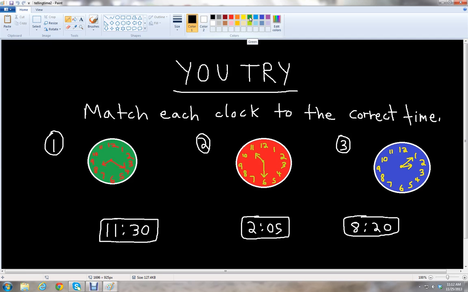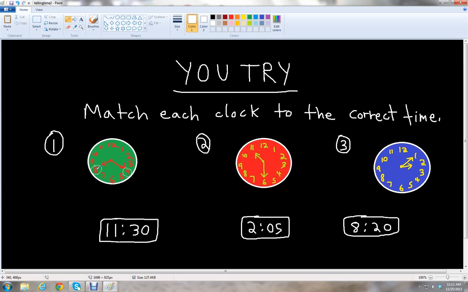Okay, so let's go over the answers. For the first one, we have this clock here in green with the red numbers, and we look at the hour hand, which points at the 8 here. It's pointing at the 8, and then the minute hand looks like at about the 4.